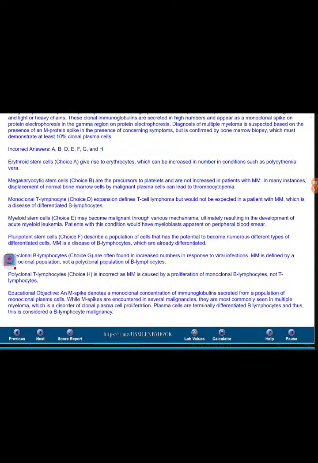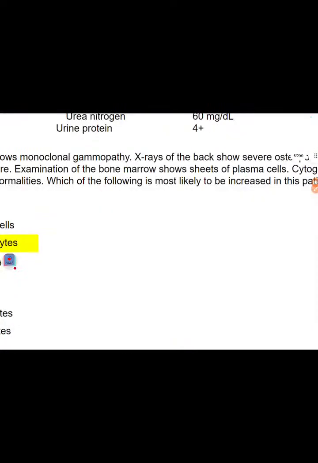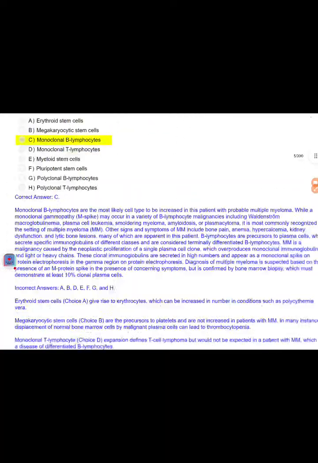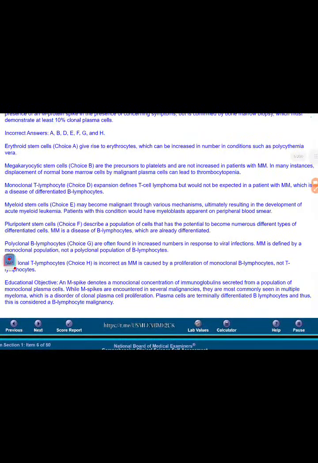Monoclonal T lymphocyte expansion defines T cell lymphoma, but would not be suspected in a patient with multiple myeloma, which is a disease of differentiated B lymphocytes. Here there is no issue with the T lymphocytes; it is the plasma cells.